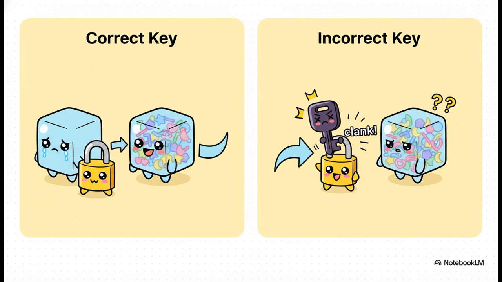Now, this scrambling process isn't just random. It's controlled by something called a key, which is basically a value used by the encryption algorithm. To unscramble the data, or decrypt it, you absolutely have to use the correct key. As you can see, with the correct key, the data becomes readable again. But if you try to use an incorrect key, all you get back is meaningless jumble.